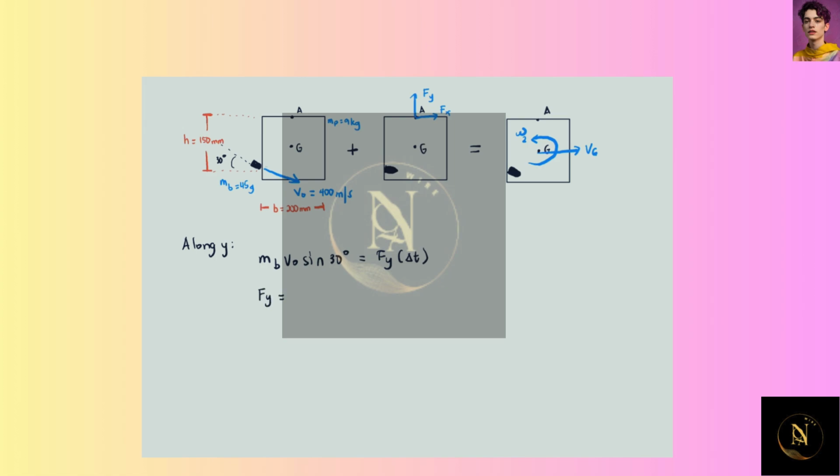So, f sub y equals 0.045 kilogram times 400 meters per second times sine 30 all over, again, 2 milliseconds. So that's 2 times 10 raised to negative 3 seconds. So, f sub y is equal to 4,500 newtons.